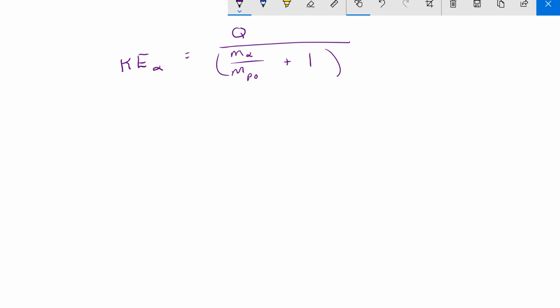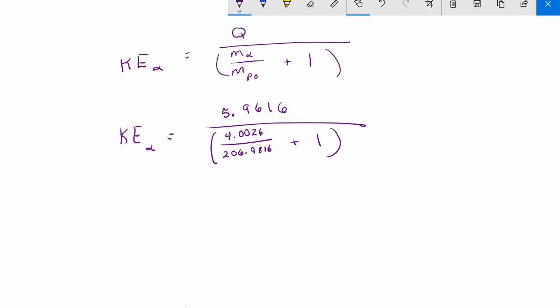Well, I know the mass of alpha. I know the mass of PO. I know how much energy was released. So I can now find the kinetic energy of the alpha particle. So I'm going to plug in my numbers, finally getting away from all those variables. And I get 5.9616 divided by the quantity, 4.0026 divided by 206.9816 plus 1.